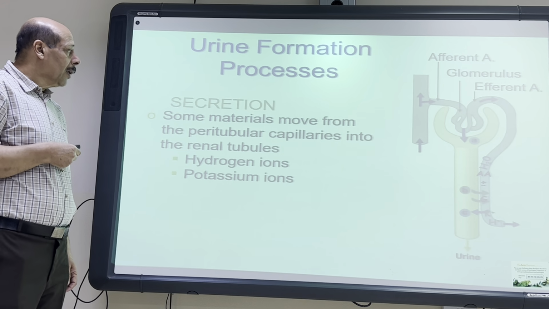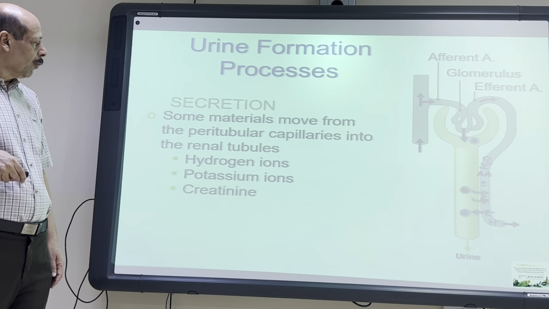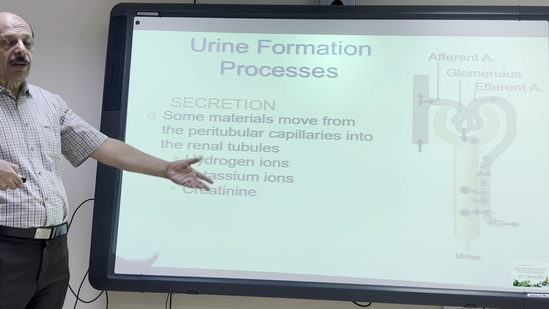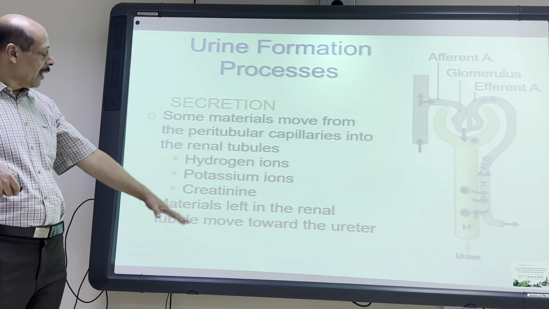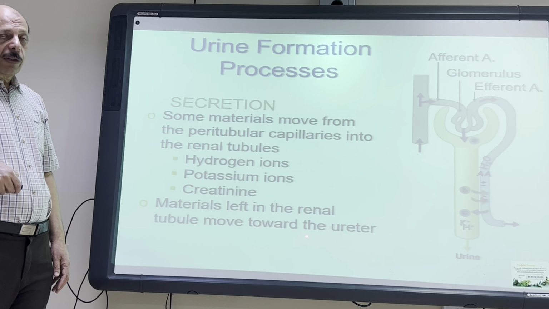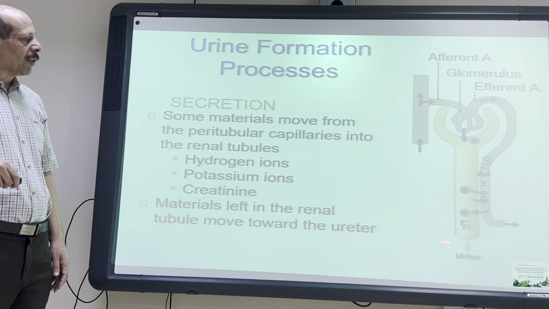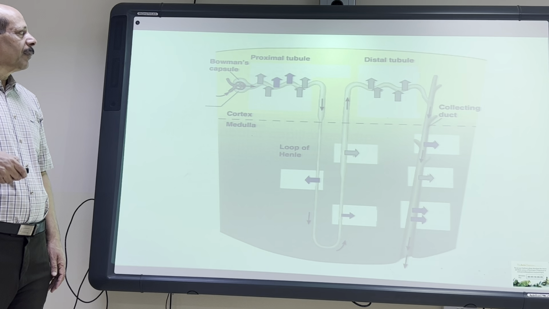Potassium ions will also be excreted. Creatinine, which is the end product of protein metabolism, as well. The material left in the renal tubules moves toward the ureter, and it will move out.